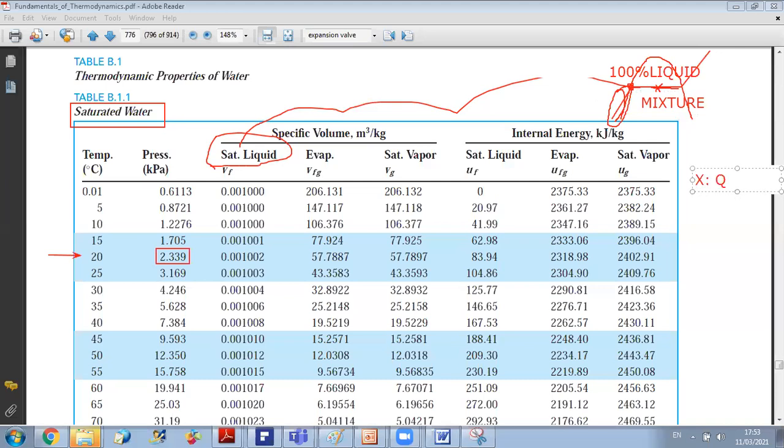It represents the percentage of vapor in the mixture.